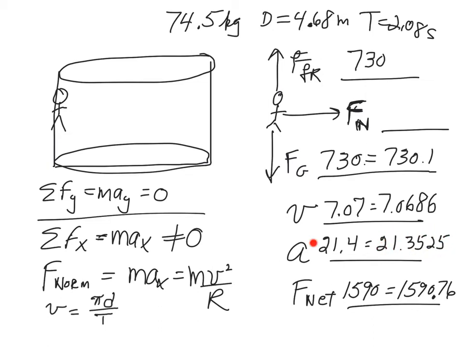And once you have the acceleration, now you're set up to get the net force. So don't erase the number. Leave it there with all the digits. And just multiply by the mass and get this number. And to 4 digits, this would round to 1591, but we only want 3 digits. So it's 1590 newtons.